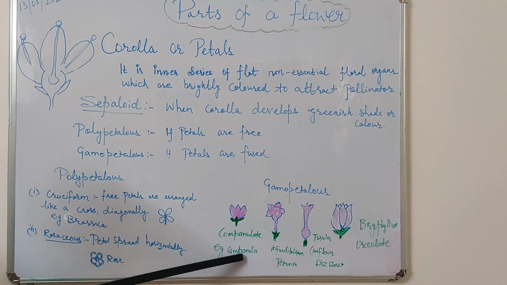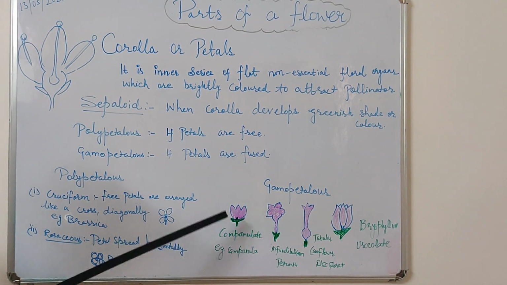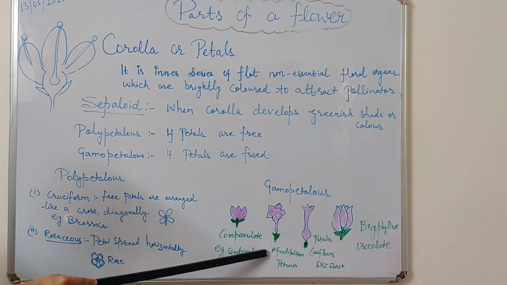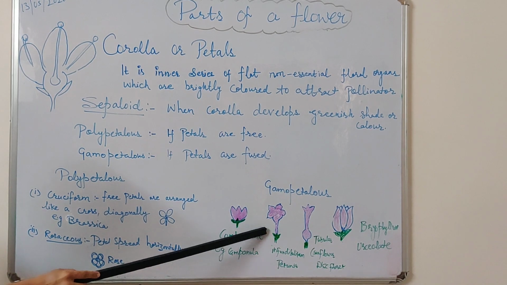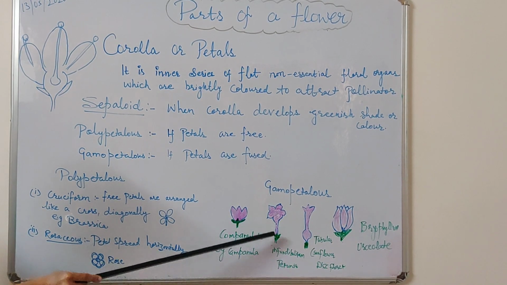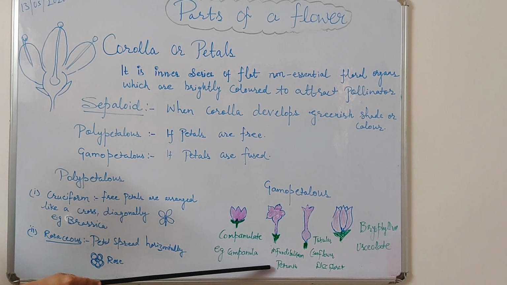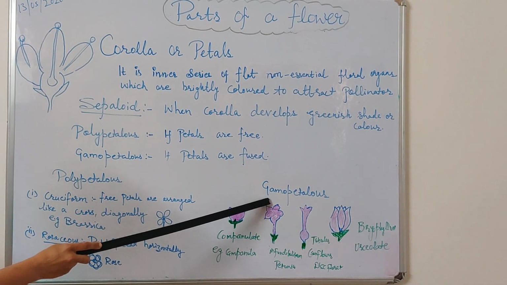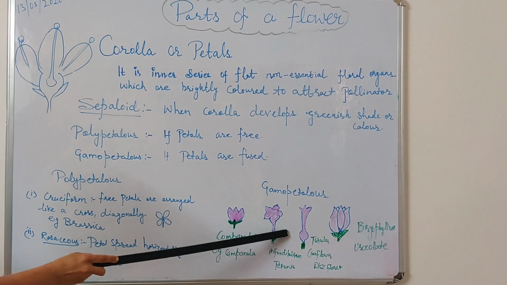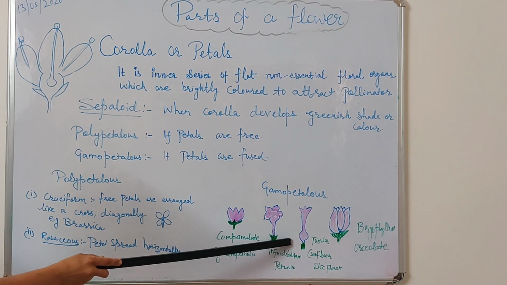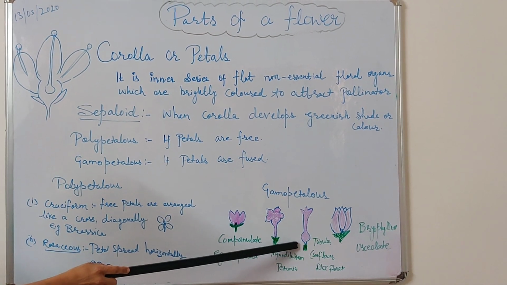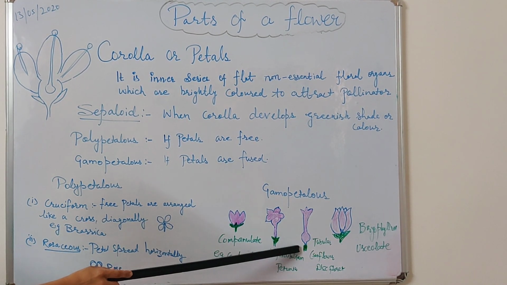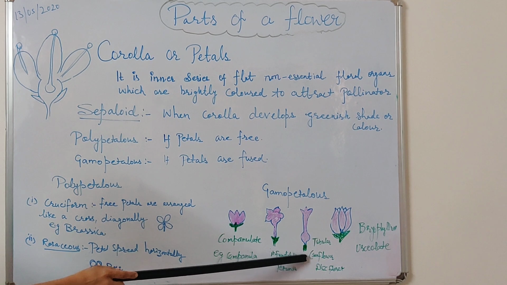An example is campanula flower. And when the corolla is infundibuliform, it is funnel like. This type of arrangement can be seen in petunia. And gamopetalous tubular means the petals are fused and arranged in a tube-like manner. An example of tubular is sunflower.